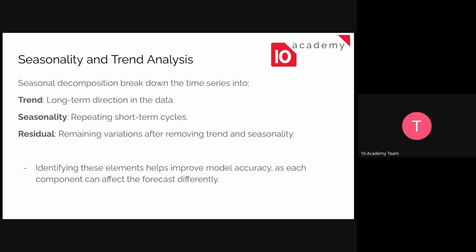A long-term directional change could be in a 5-year term. If it is growing over the 5 years, it could have some downs and ups during the day or the week, but when you see it overall, you can see that it's growing or declining and so on. We call that a trend.